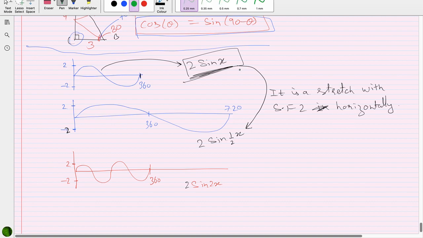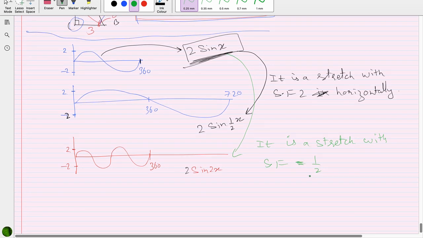And if we compare these two, I can say we always call it a stretch, we don't say it a compression. It is a stretch with scale factor 1/2.